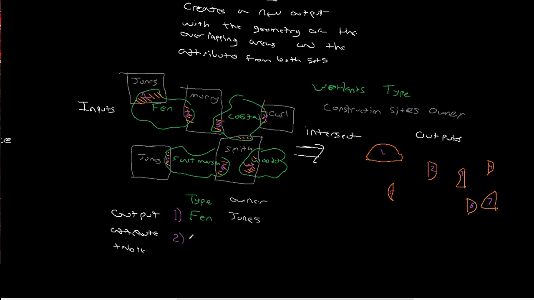Polygon 2 is this one, so it's going to have a type of fen again, because the fen is coming from this piece here. The owner is coming from this piece here, so it's going to be Murray.